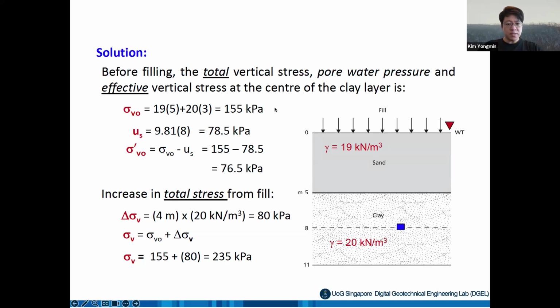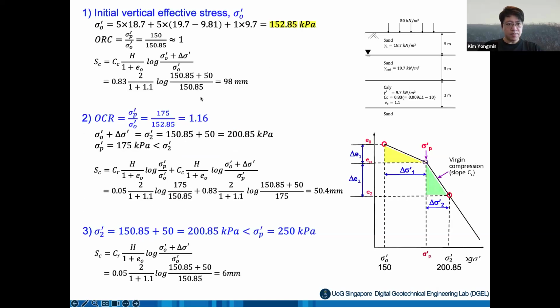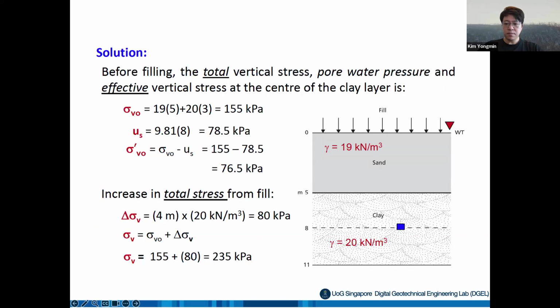This process is exactly the same as this. Okay? So before filling, my effective stress is 76.5.